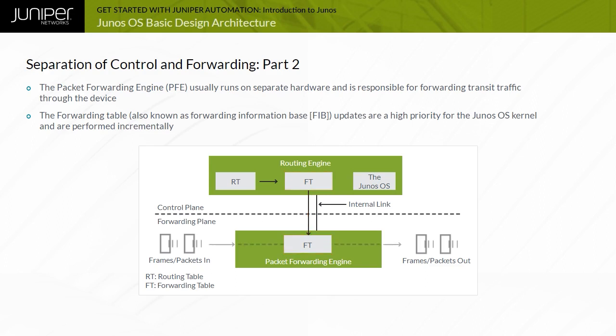That is, it forwards frames, packets, or both with a high degree of stability and deterministic performance. This architectural design also makes possible the incorporation of high availability features, like graceful routing engine switchover or GRES, non-stop active routing or NSR, and unified in-service software upgrades or ISSUs.